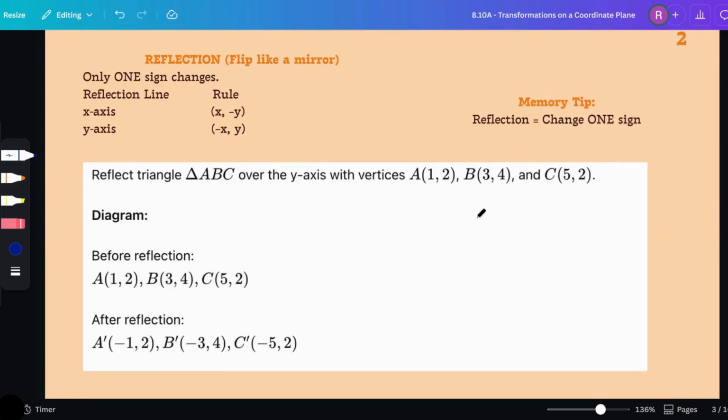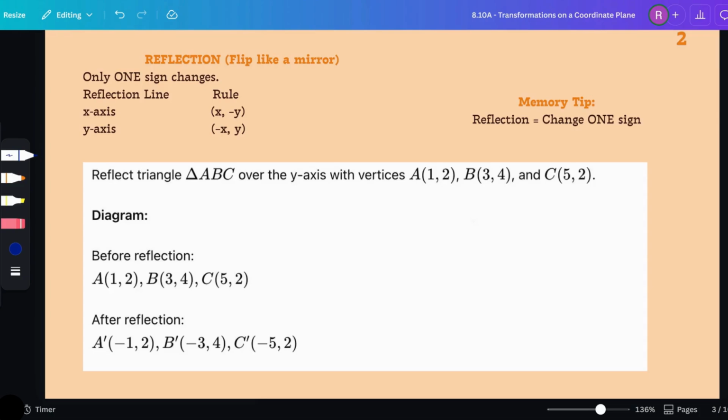Now let's look at reflection. Reflection is like a mirror, just like you're looking at yourself in a mirror. When you look at yourself in a mirror, your right hand will look like left and your left hand will look like right. So that is what reflection is about. You reflect the shape on the coordinate plane.